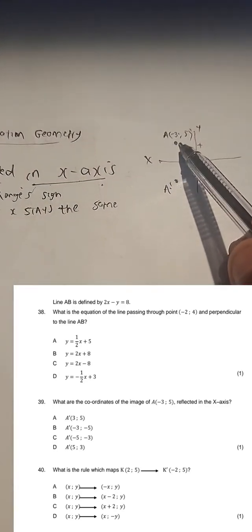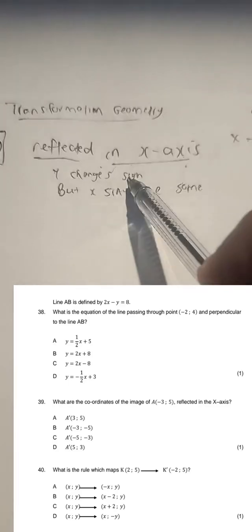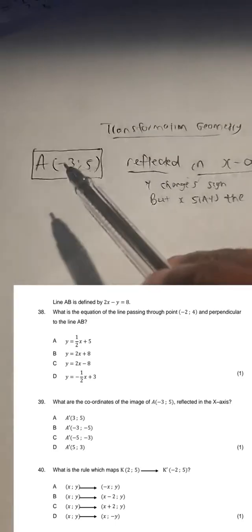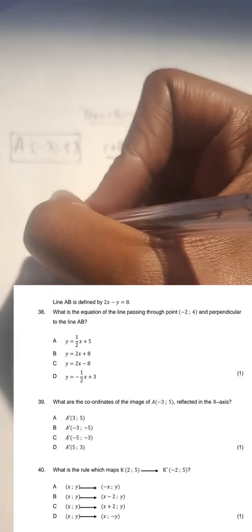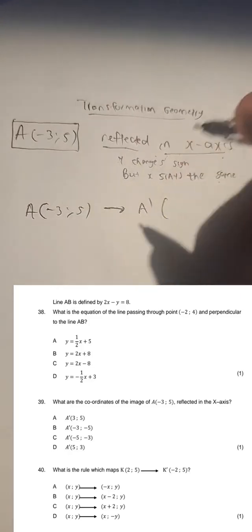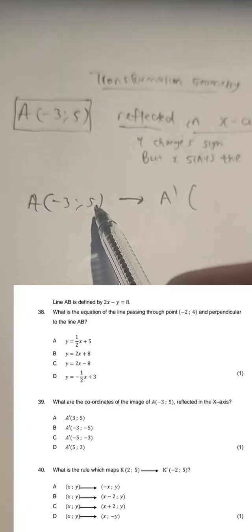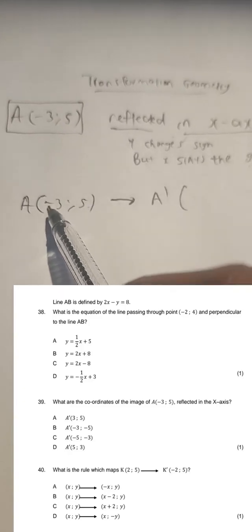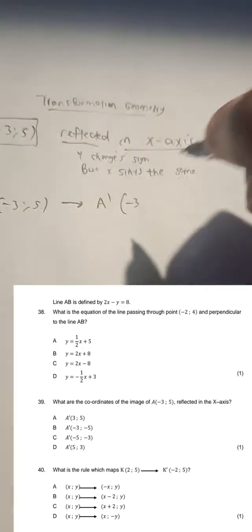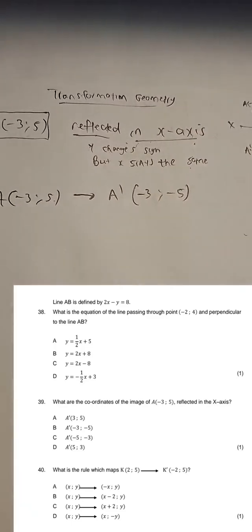So what is the image of A if it is reflected in the x-axis? y will change, but x will stay the same. I said y changes, so the y coordinate will change sign, but x will stay the same. So x is -3 still, but y is going to be -5.